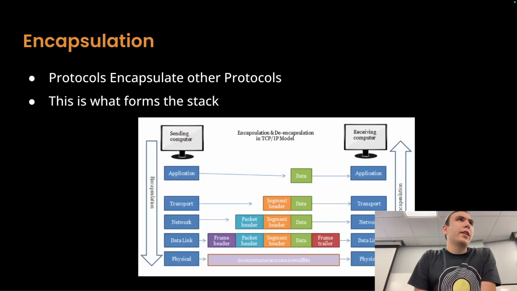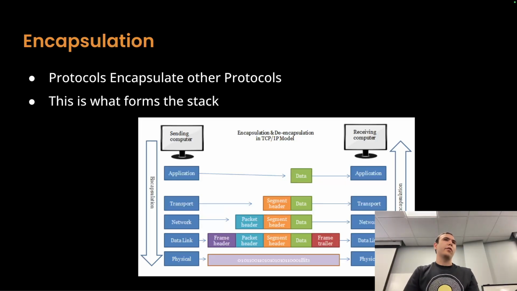The important thing to understand is the concept of encapsulation, where one protocol will encapsulate another protocol. Generally the higher protocols are encapsulated by the lower level protocols, because we'll be going over the protocol stacks of some of the industrial operations.